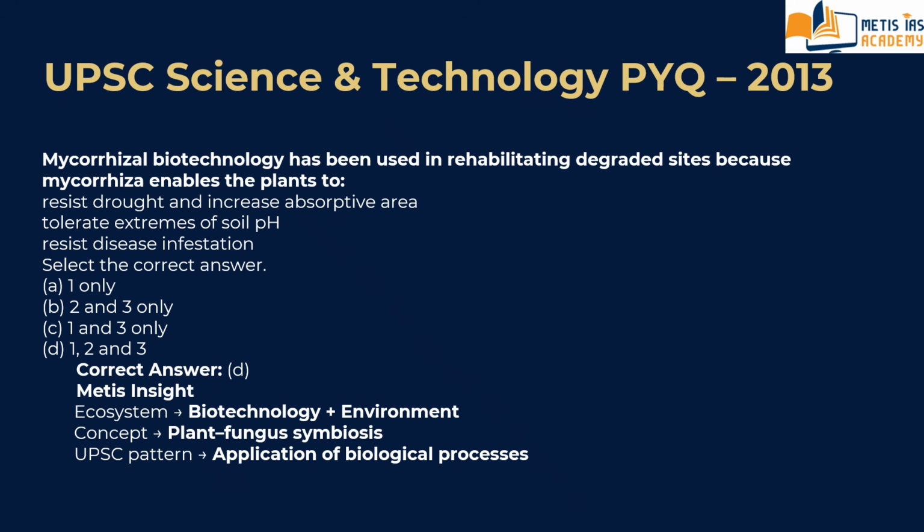This is the application part, application of biological processes. UPSC focused on these types of questions in 2013 itself. So this is the question. We have to understand the pattern of the question, the concept of the question, and what insight we have to understand.